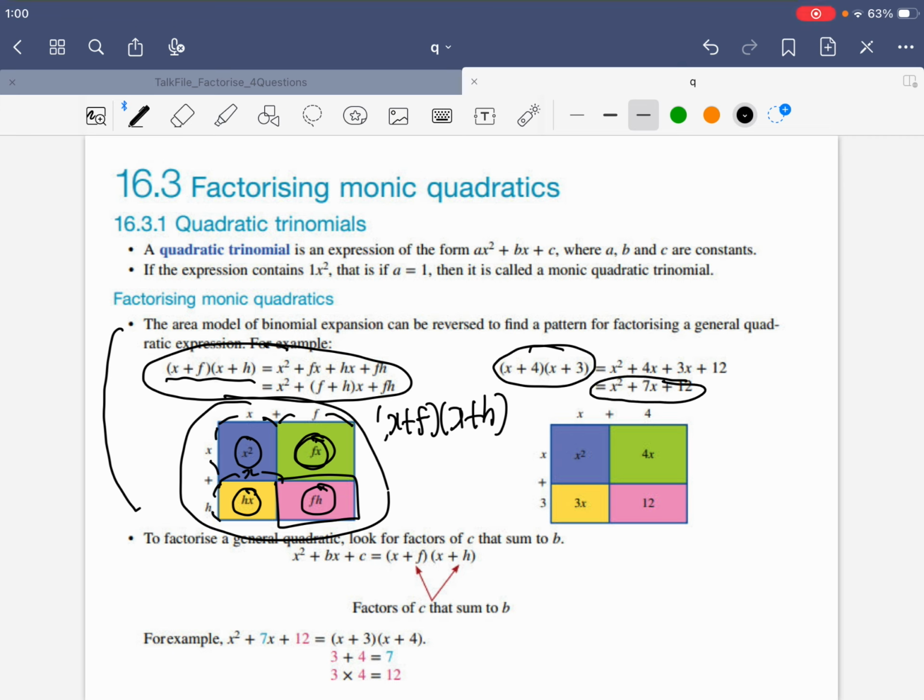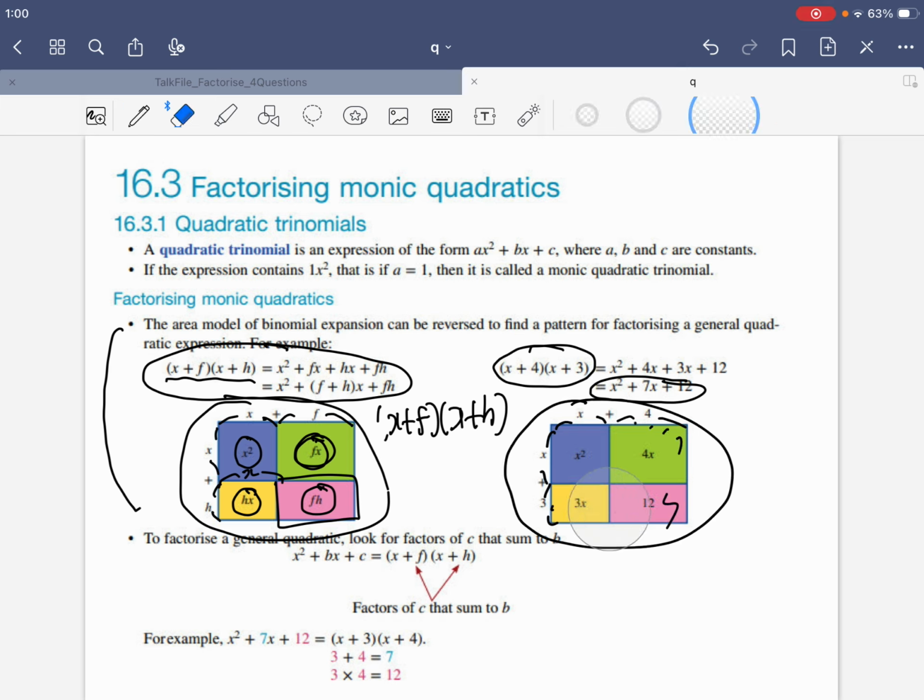There are 2 ways to show this big rectangular area. So x, 4, x, and 3. Here you get 3x and 4x, and here 12. If you add them together, you get x squared, 4x, and 3x, and then 12.